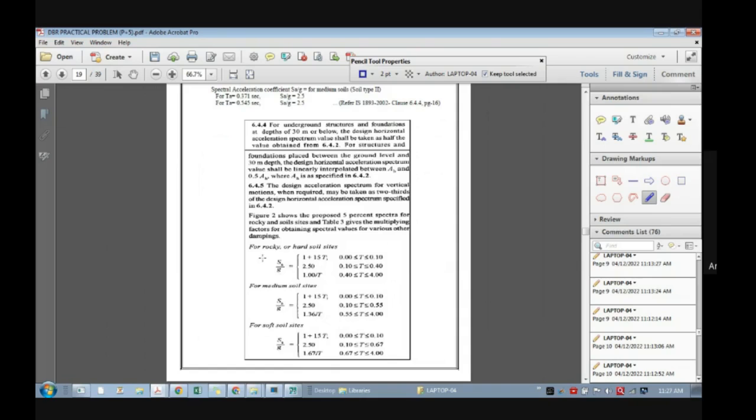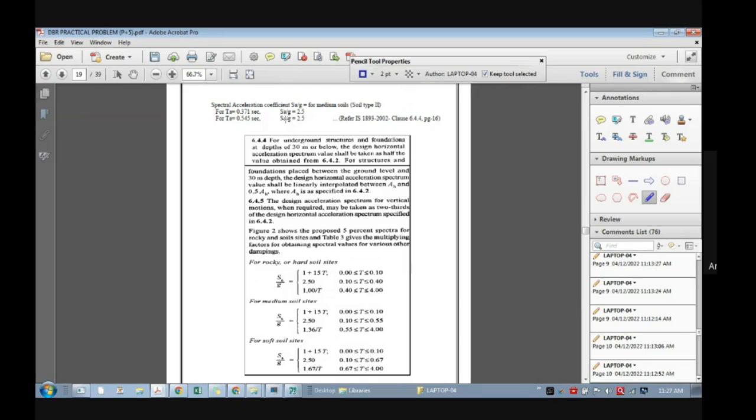There are different soils here: rocky soil, hard soil, medium soil, and soft soil. Soft soil means black cotton soils or clay soils. Medium means in between, sandy and gravel or murum, and rocky means hard rock. So this formula we will use in the calculation of Sa upon g.